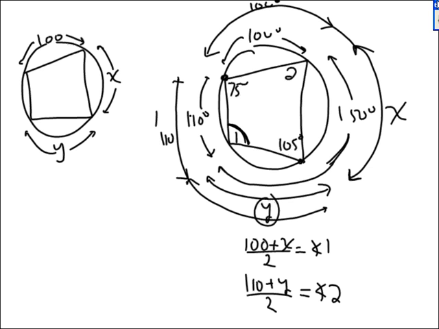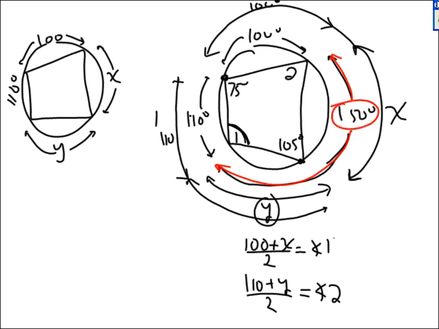And this portion over here is 110 degrees. We always knew that x plus y is 150. Now, how do we find out what y is? It's not so bad.